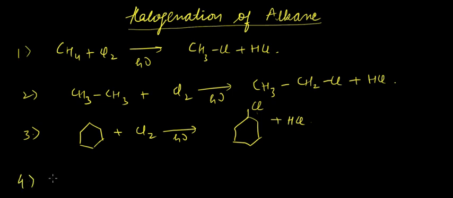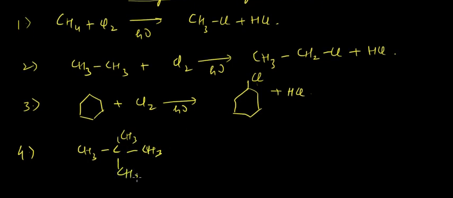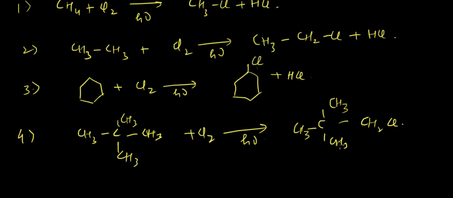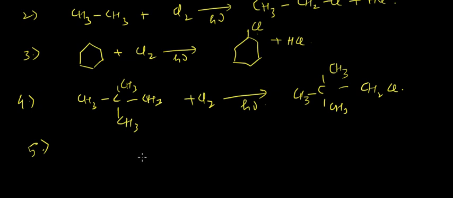Okay, for this we have something like this, and plus Cl2 gives, in presence of H nu, it gives a product. I hope you are understanding why this product formation is there in this case. We will look into the mechanism of this halogenation in a little while.